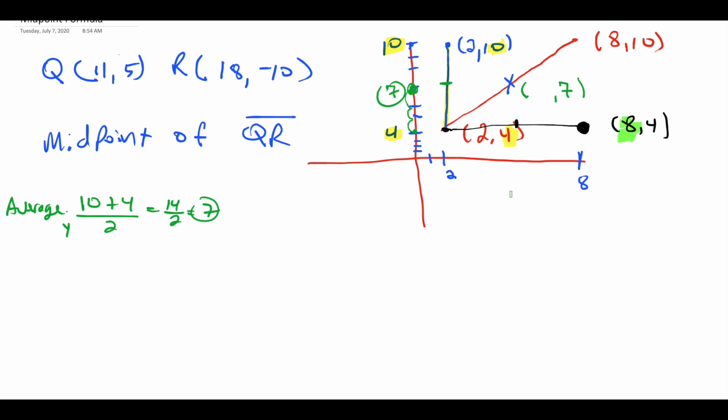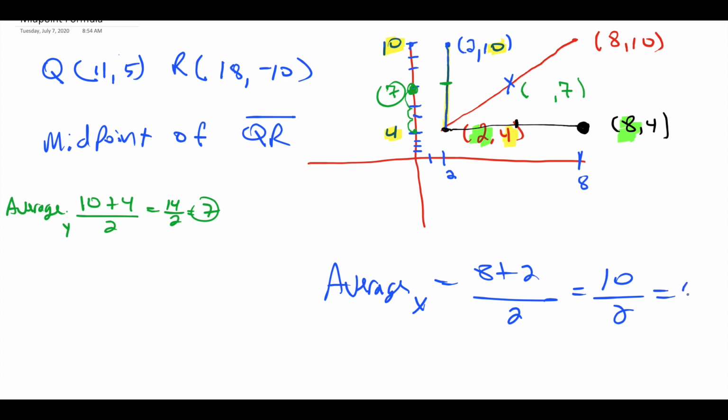You add 8 and 2, so you're basically going to do the average of the x. 8 plus 2 divided by 2. All right, so 10 divided by 2 is 5. So that tells me that right here is 5. You see that?